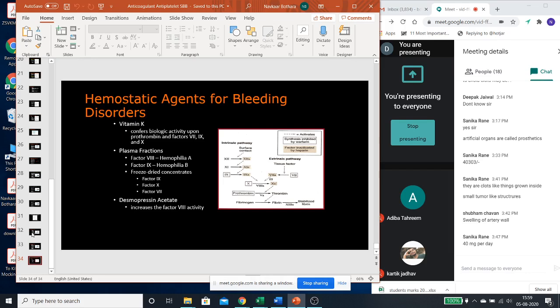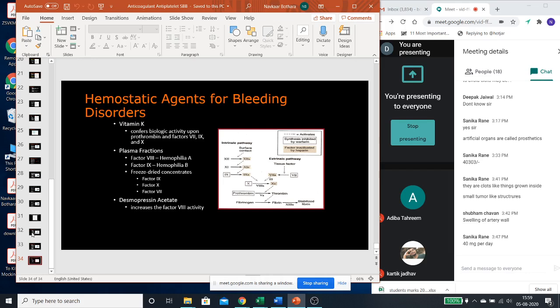Directly, some of the factors are available as blood fractionation products or plasma fractions, and some can be made as proteins by recombinant technology. Factor 8 is available, factor 9 is available, and freeze-dried concentrates of factor 9, factor 10 and factor 7 are available.